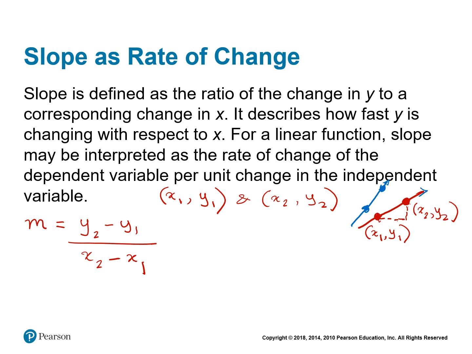The rise in the second line, the red line, is more gentle. The slope is more gentle. It rises more slowly than the blue line as we move along the x-axis. The blue line's rise is steeper, is higher than the rise in the red line.